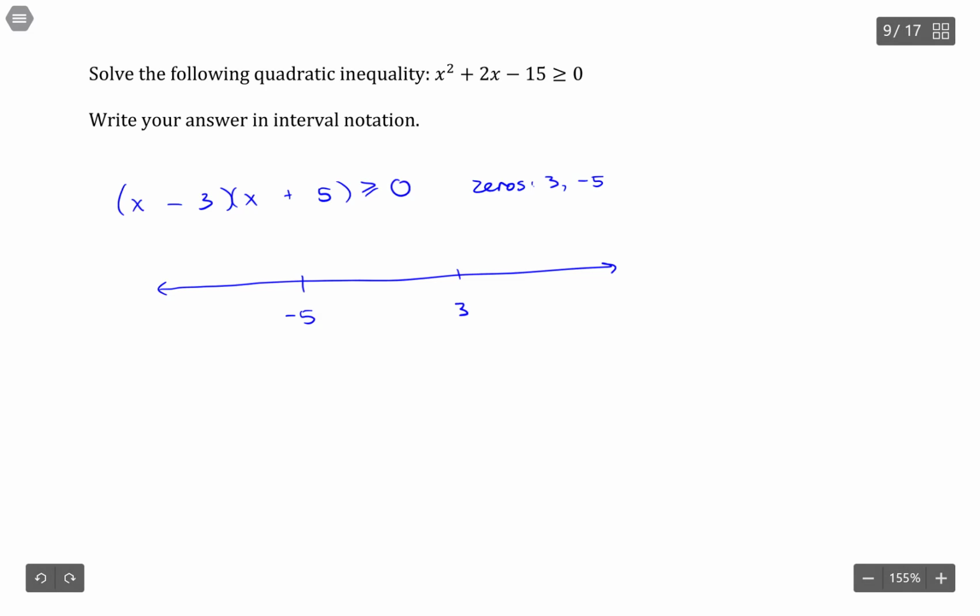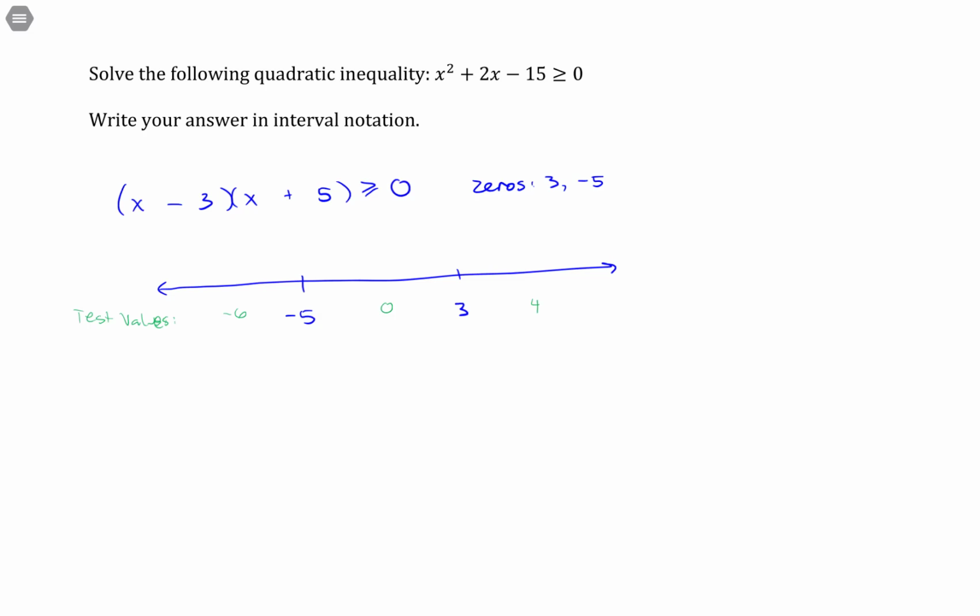The test values here that I might use, and you can use other values, it doesn't really matter. On negative infinity to negative 5, I think the simplest would be negative 6. Then from negative 5 to 3, the easiest would clearly be 0, and then I'll use a 4 here. As long as they're on this interval, it doesn't matter what you use.